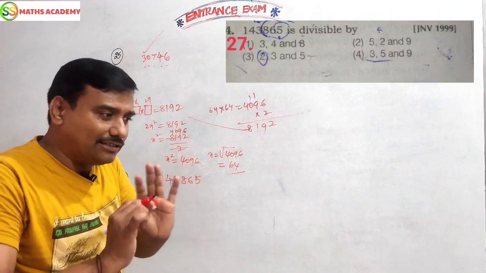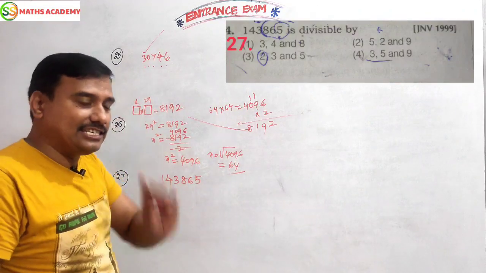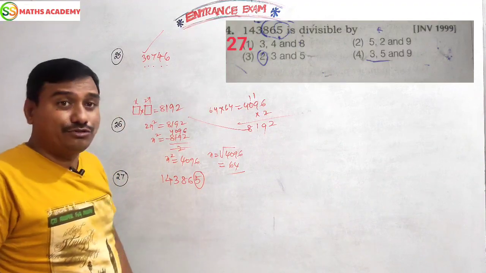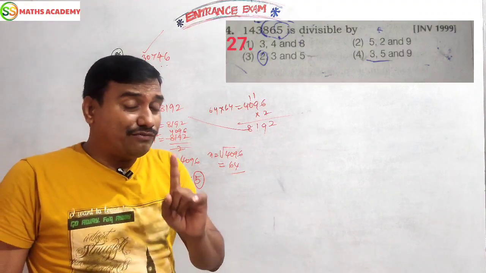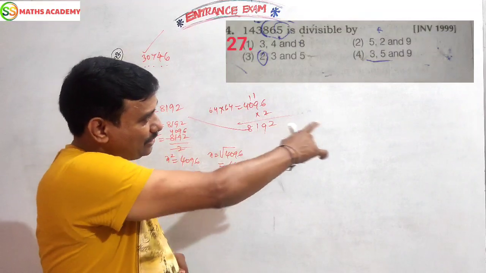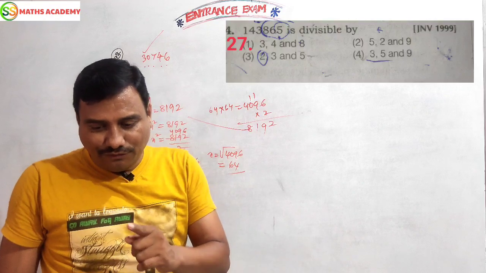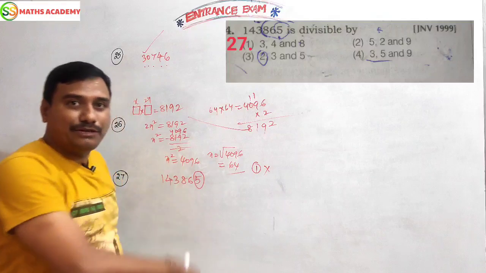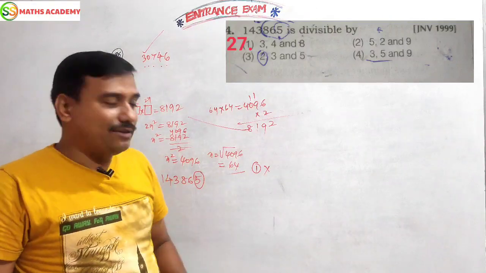Nothing to do, no need to take paper and pen. Just logic. The unit digit is 5. So this number must be divisible by 5. Only odd numbers are divisible by 5 here. In your options, the first option 346 is not the answer, because 6 is an even number.